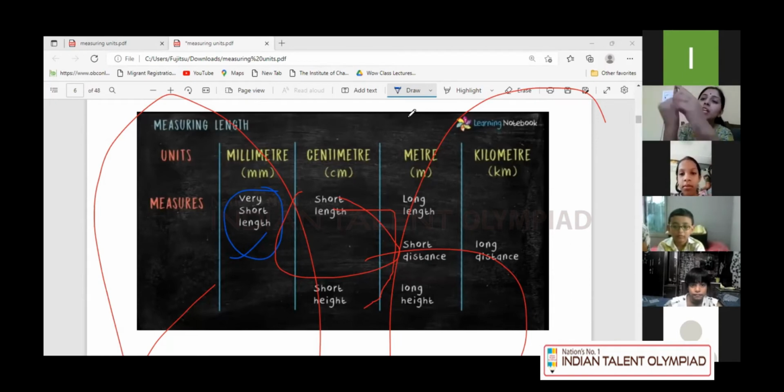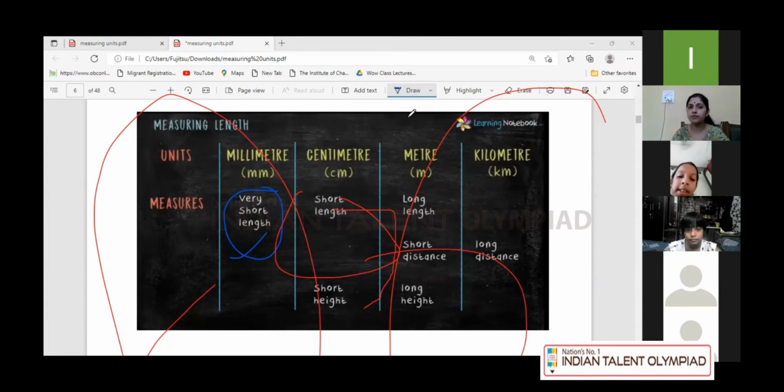Now, can you tell me what unit we will use to measure this finger? Centimeter, or maybe a millimeter, right? But to measure my height, which unit will you prefer, millimeter or centimeter? Meter?